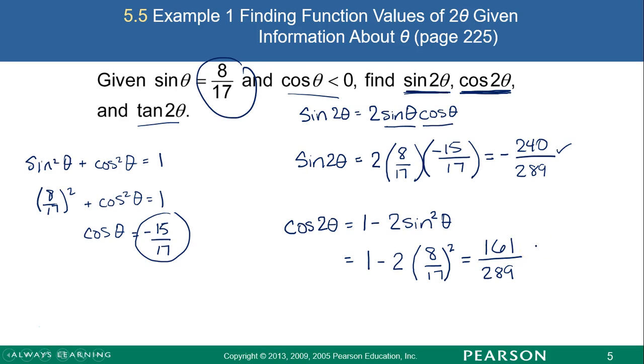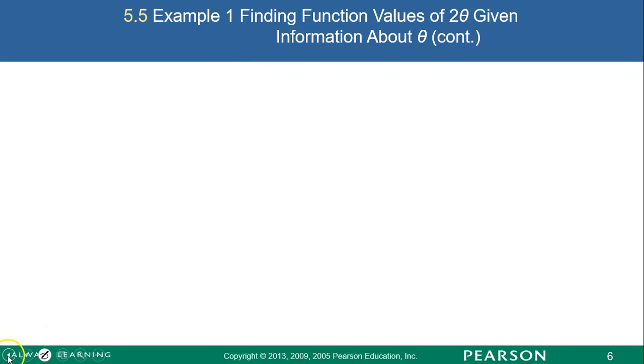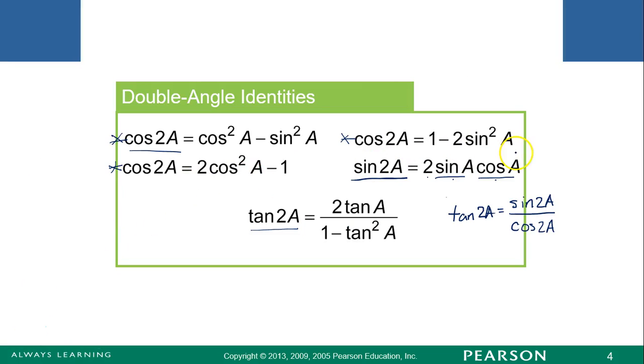Now, what I told you before about if a problem asks you to find all three, sine, cosine, and tangent of 2 theta, then do this one right here because we already found sine of 2a and cosine of 2a, so you can find tangent of 2a.